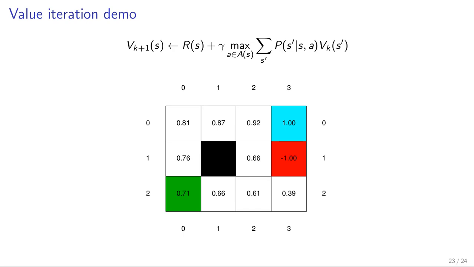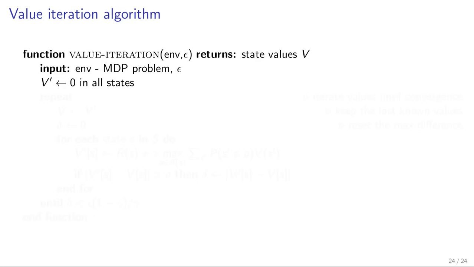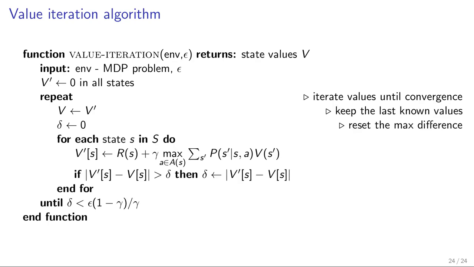Demos. You will also get the code, and I think you have seen it also running in the Berkeley lecture. The algorithm basically looks like this. You assign this 0, and then you repeat this loop, which is basically one ply of expectimax.